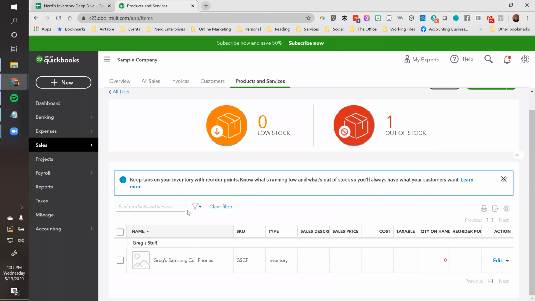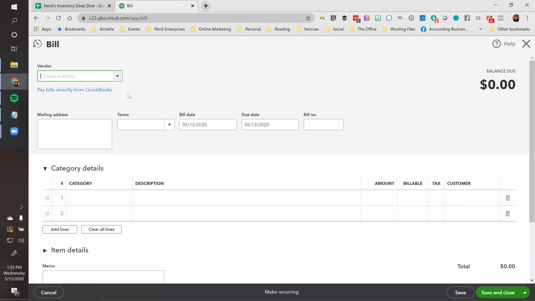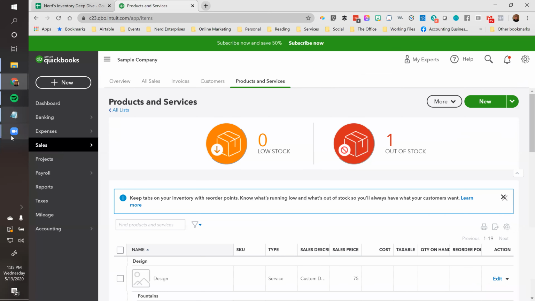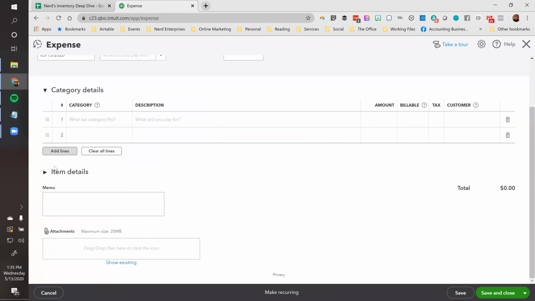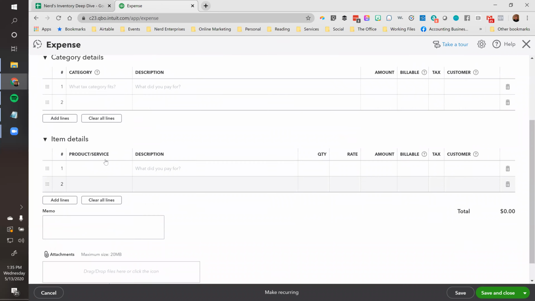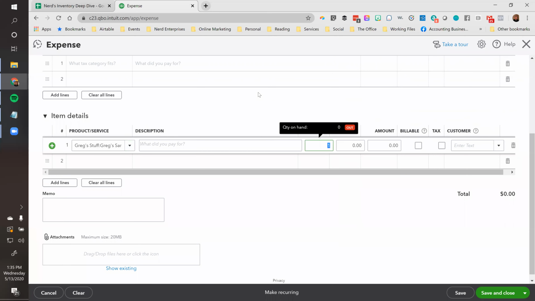Okay, so new bill. Actually, not a bill, because in the trial balance I did it as cash, right? So we're just going to do a new expense. Okay, and of course I'm going to use my item details, right? We have Greg's Samsung cell phones.